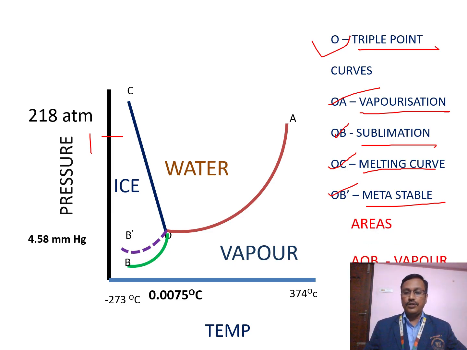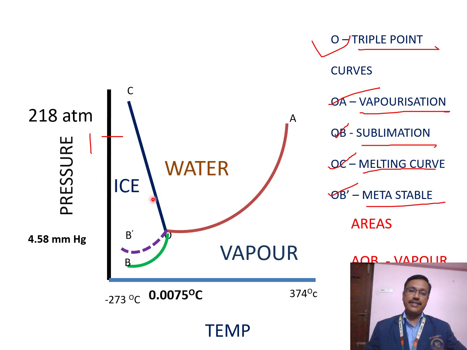Right? So what are the areas do we have? AOB area. In AOB, we are having what? Vapor. This area, vapor area. What is AOC? AOC is water area. COB. What is COB? Ice area.